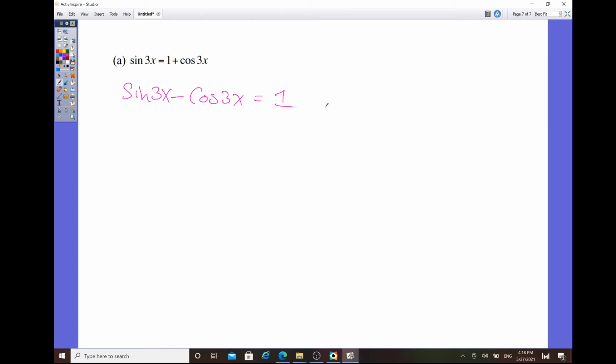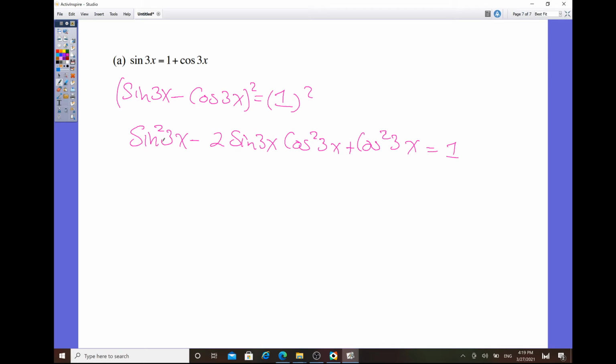Now, if you square both sides, we have sine squared of 3x minus 2 sine of 3x cosine of 3x plus cosine squared of 3x equals 1. And then sine squared plus cosine squared is always 1, the Pythagorean identity.